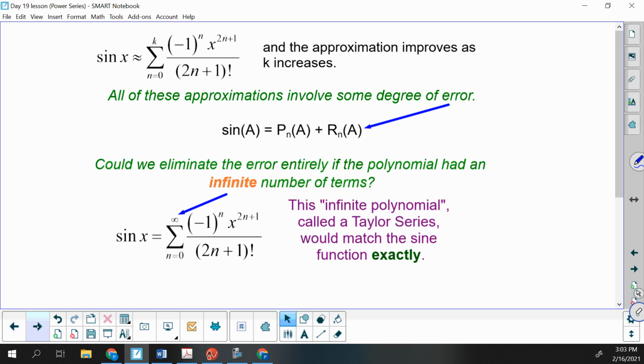And as k increased, it became a better approximation. All those approximations had some amount of error, which we could approximate. But could we eliminate that error if we let it go to infinity? This infinite series, which is called a Taylor series as opposed to a Taylor polynomial, would match the sine function exactly.